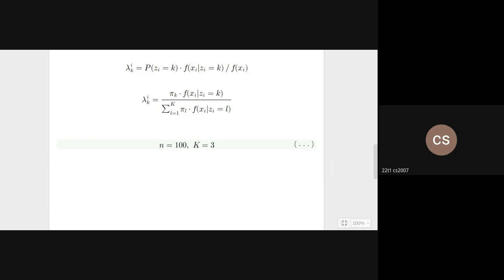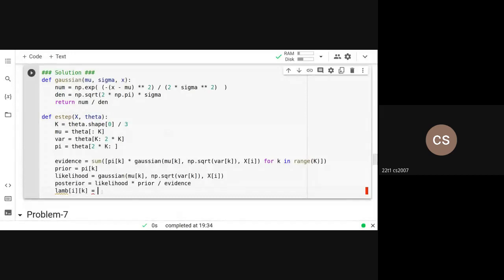I'm going to store this as a matrix with 100 rows and 3 columns: one row for each data point, and in each row, the values for the 3 mixtures. I hope you get this part because this translation is important. So this is the posterior.